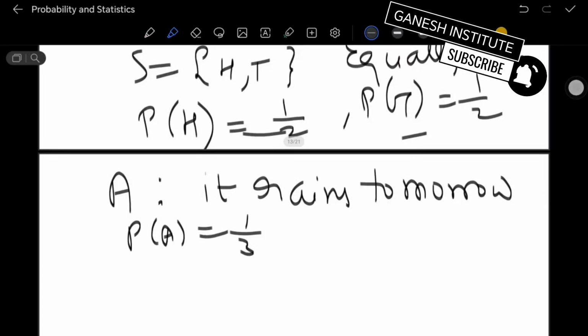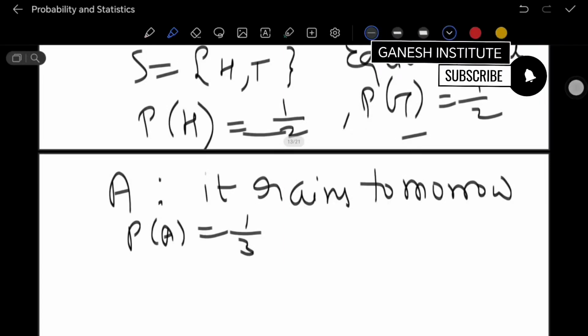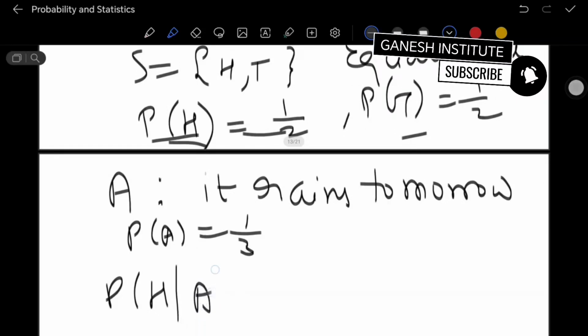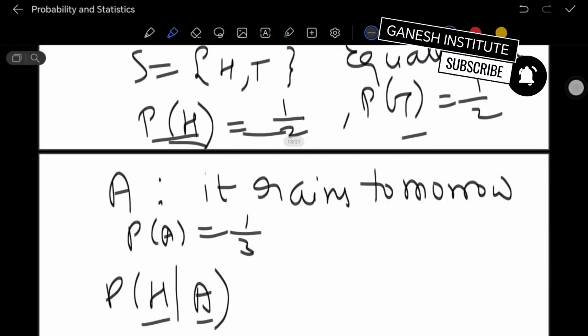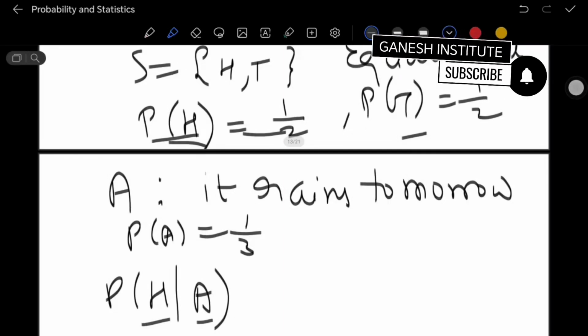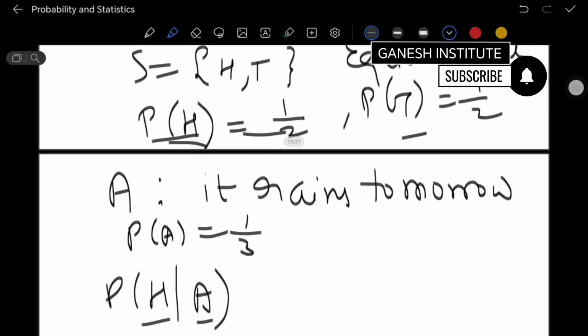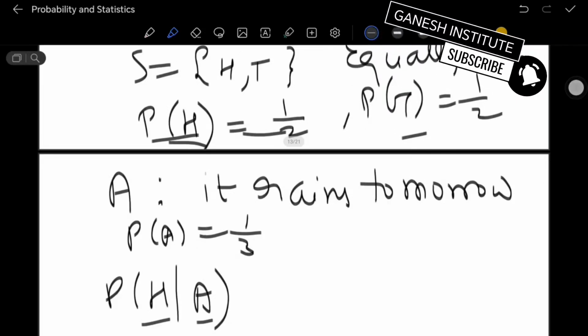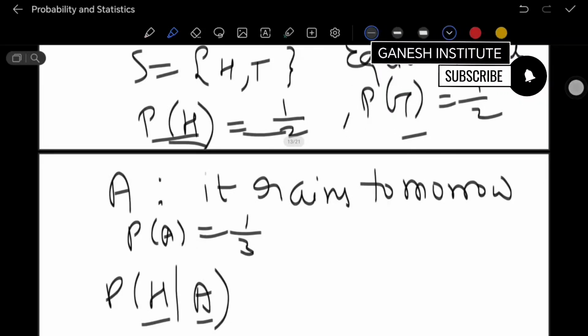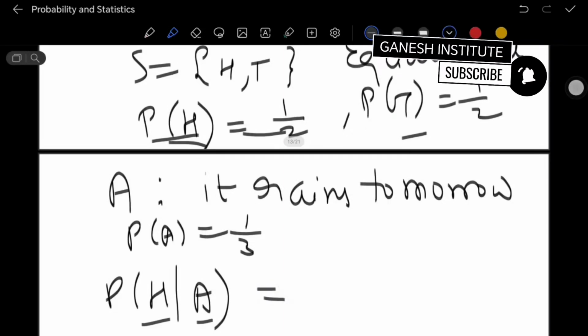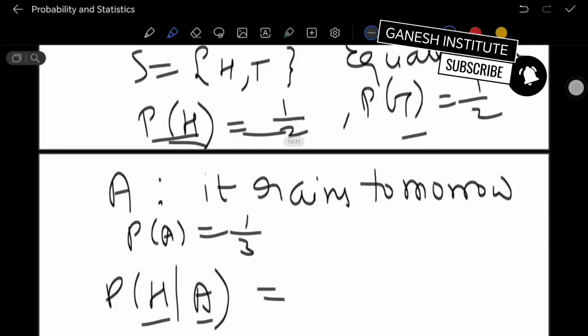If you are asked to find the probability of getting a head given that it will rain tomorrow, do you really think that there is any correlation or dependency of one event with the other? Will the rain affect the coming of a head? No. So basically, these are two independent events. The result of the coin does not have anything to do with tomorrow's rain.